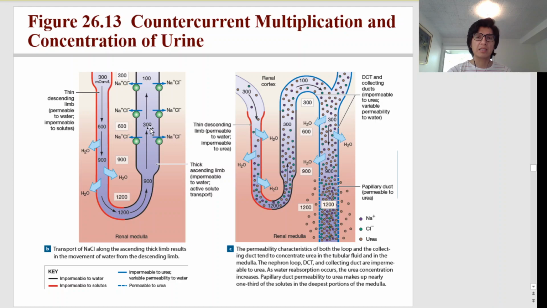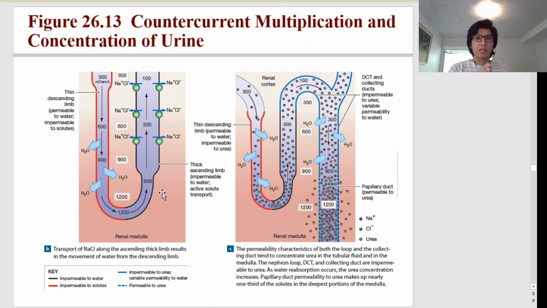So what's happening at the ascending limb is sodium and chloride is being moved from the filtrate, creating this gradient. You see this ever-increasing gradient of sodium chloride as we reach the renal medulla. And what happens is wherever sodium goes, water moves from wherever is most concentrated to wherever is least concentrated.